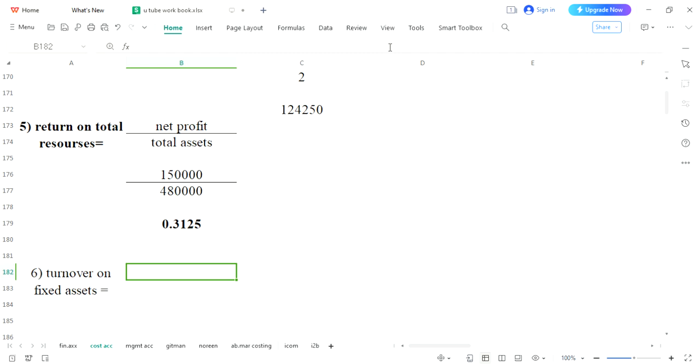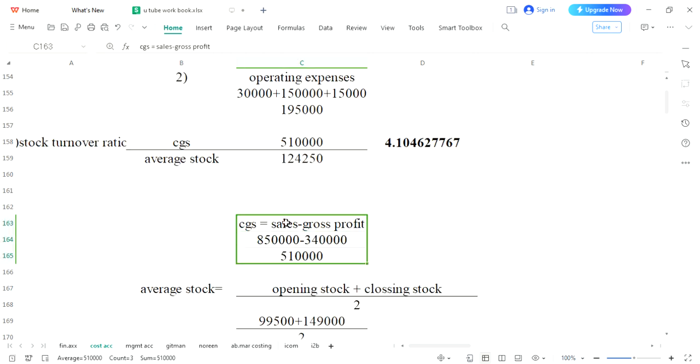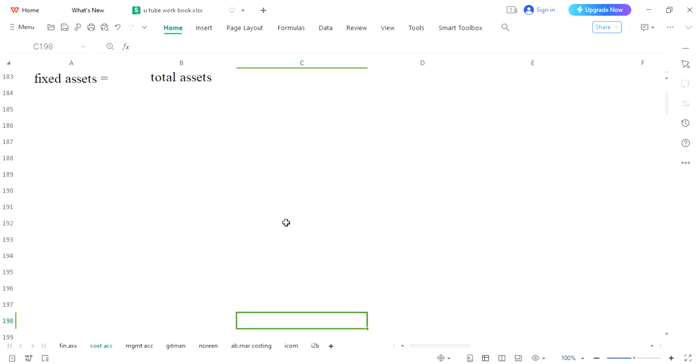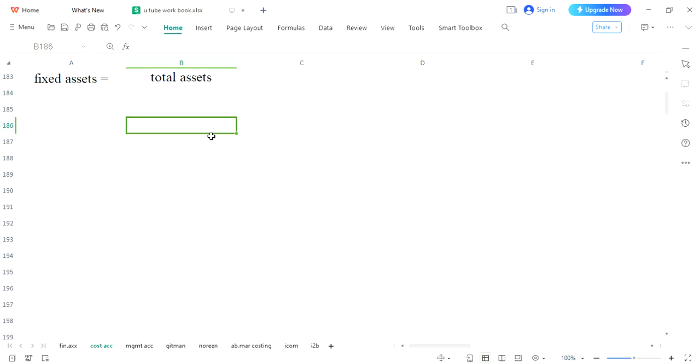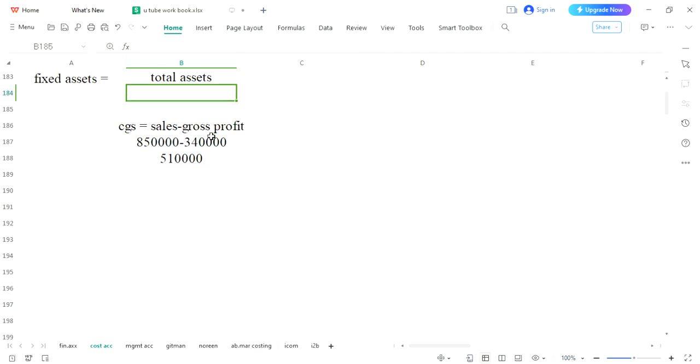For turnover, we will put CGS. Again, CGS has already been calculated, and we will take it from above and divide it by fixed assets. So cost of goods sold is 5,10,000.